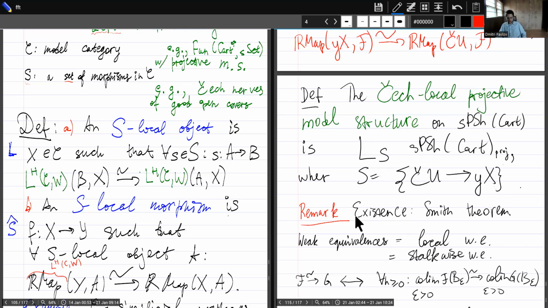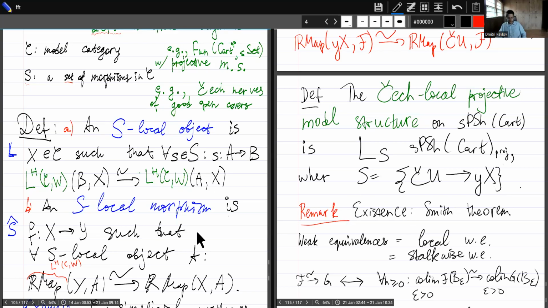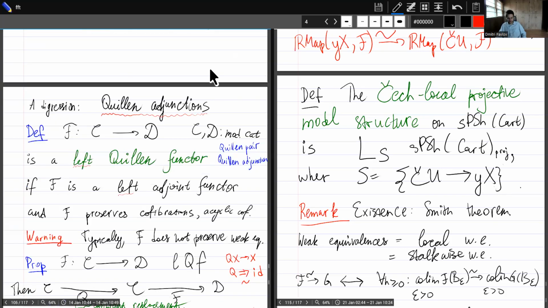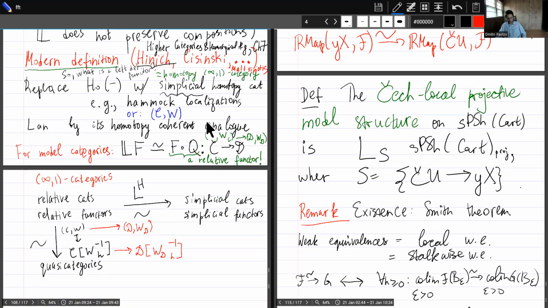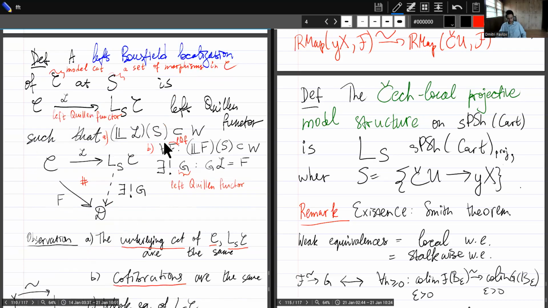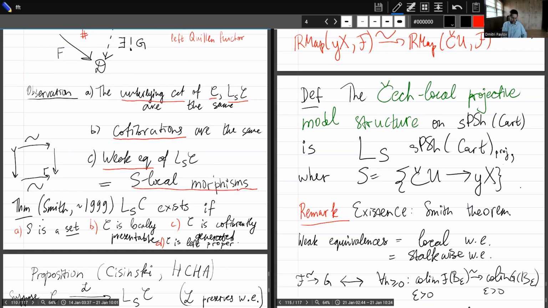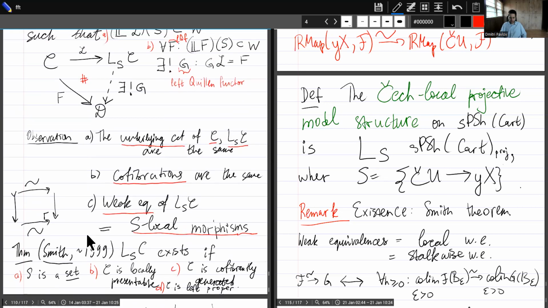The existence of such a model structure again follows from this theorem of Smith's that I already briefly mentioned. Yeah, briefly mentioned here. This was the original application of the notion of a combinatorial model category. And weak equivalences in this model structure are known as local weak equivalences or Čech local weak equivalences.